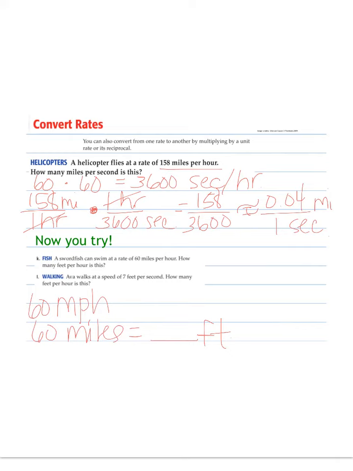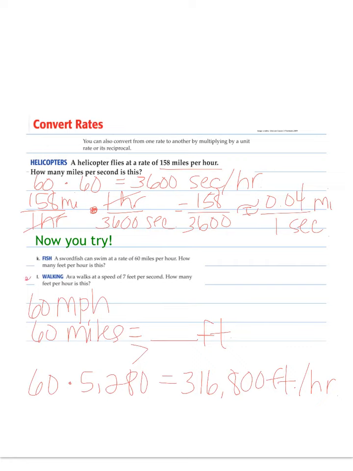Miles is greater than feet, so that tells me that we multiply. So we're going to take 60 and multiply it by 5,280, and we get 316,800 feet per hour.